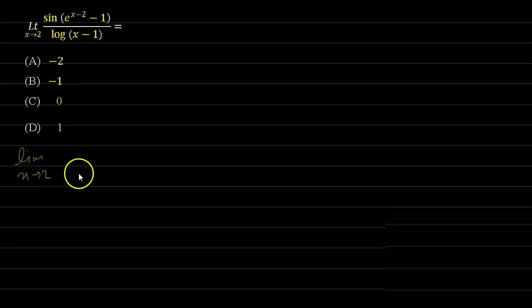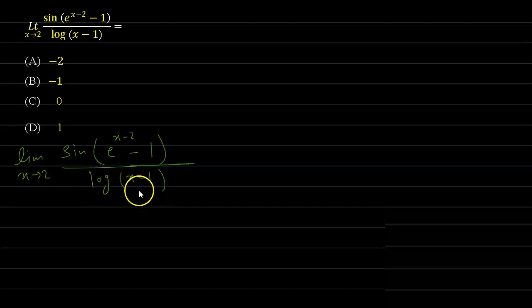So the limit is x tends to 2 sine of (e to the power x minus 2 minus 1) divided by log of (x minus 1). To evaluate this limit, multiply and divide by e to the power x minus 2 minus 1.